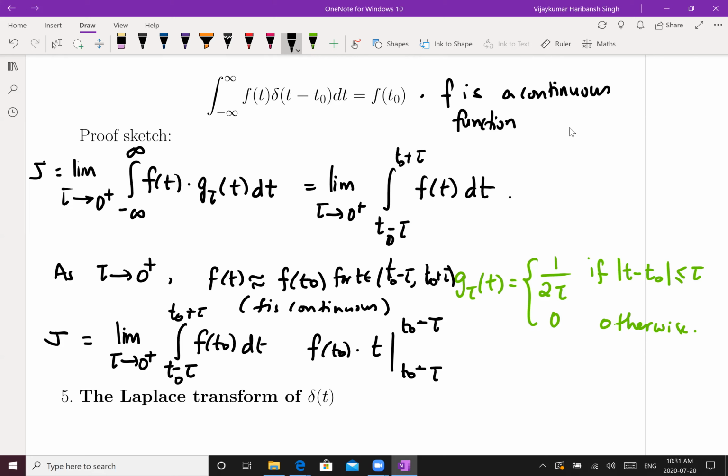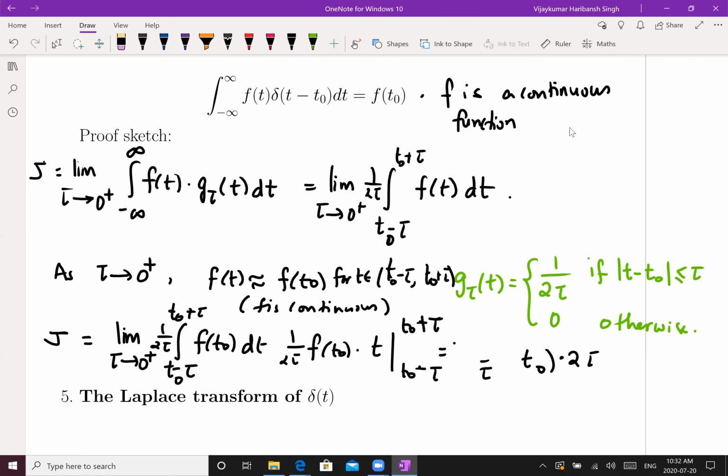And we had 1 by 2 tau outside. So this is going to be f of t naught times 1 by 2 tau. When you subtract them, you get 2 tau, and this is limit as tau goes to 0 plus.